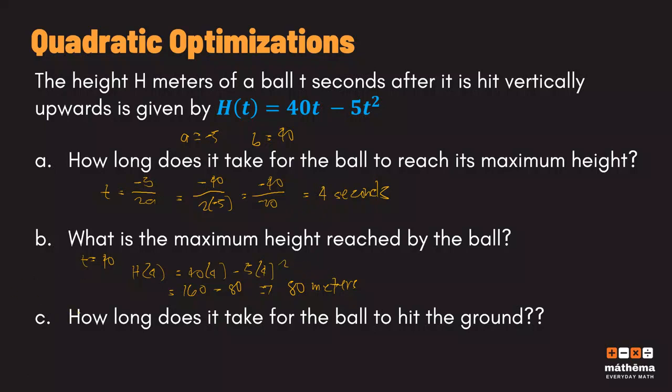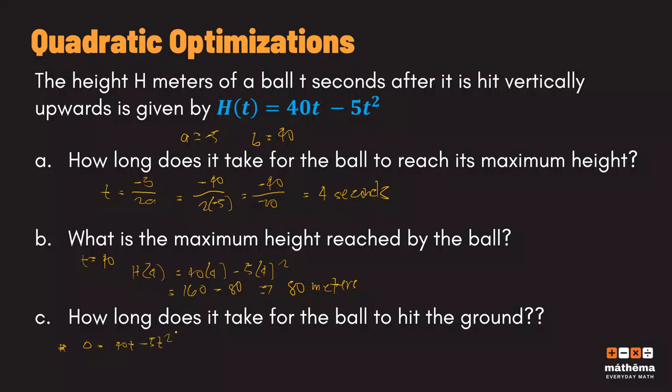Now letter C, how long does it take for the ball to hit the ground? So again, we are going to let our equation equal 0. So we have 0 = 40t - 5t².